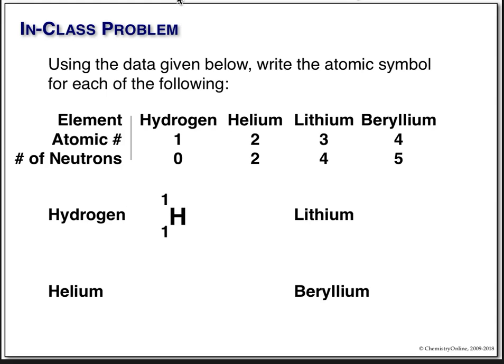Lithium, our symbol is Li. Atomic number is 3, so we have 3 protons. That's our subscript. Typically, it will have 4 neutrons. 3 plus 4 is 7. That's our superscript. We would write it like this. Lithium, 7, atomic number 3.